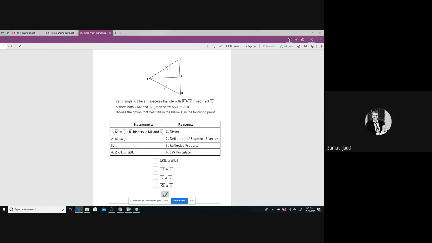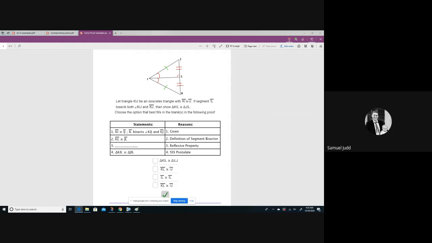If segment IL bisects both the angle KIJ and the side KJ, okay. So we got that bisector bisecting two things, this side, which means it's split in half into two equal pieces, and this angle means these two angles are congruent. We got some information there. That's nice.